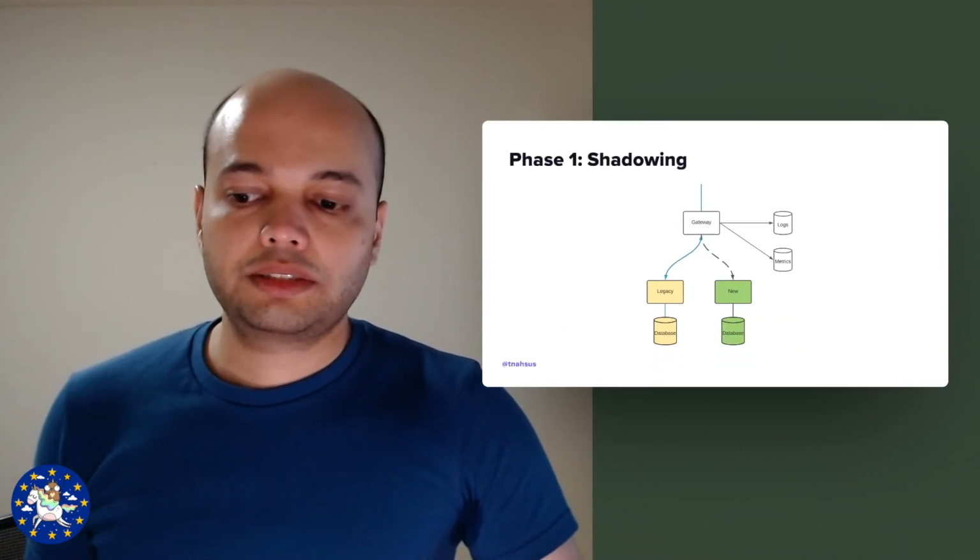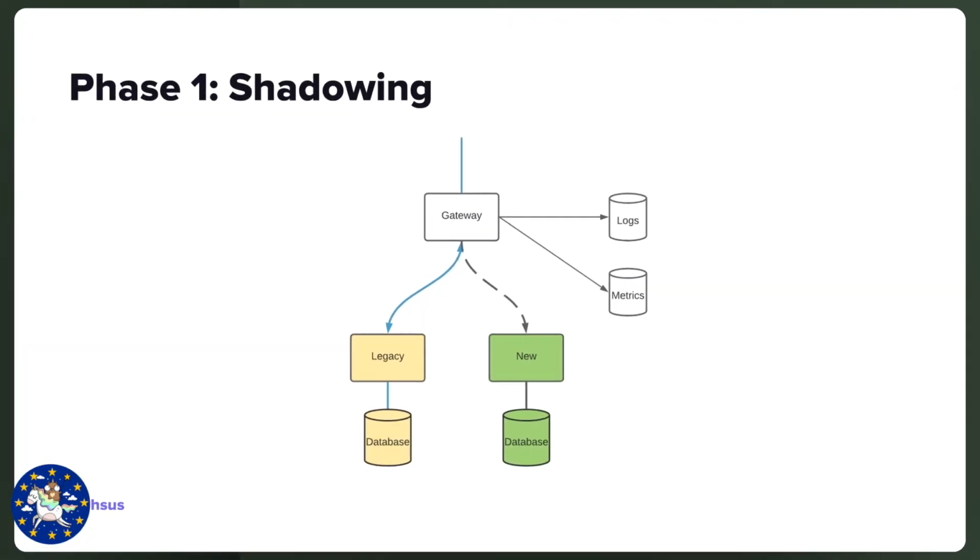So the next phase of the migration was shadowing. So we started building this new system, we deployed it, and once we had all the initial endpoints working, we started shadowing a few requests to the new system.